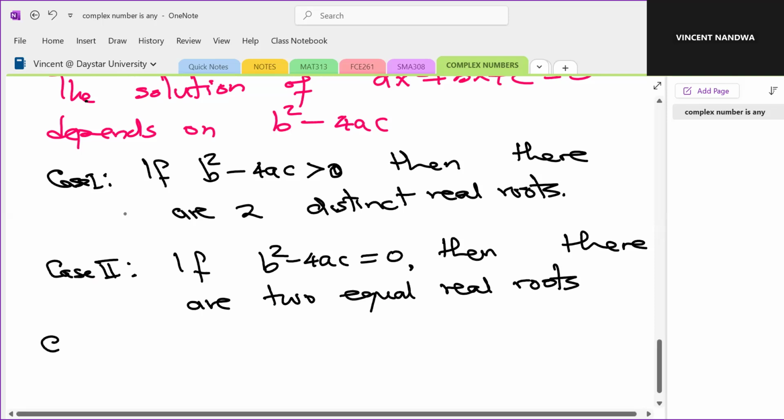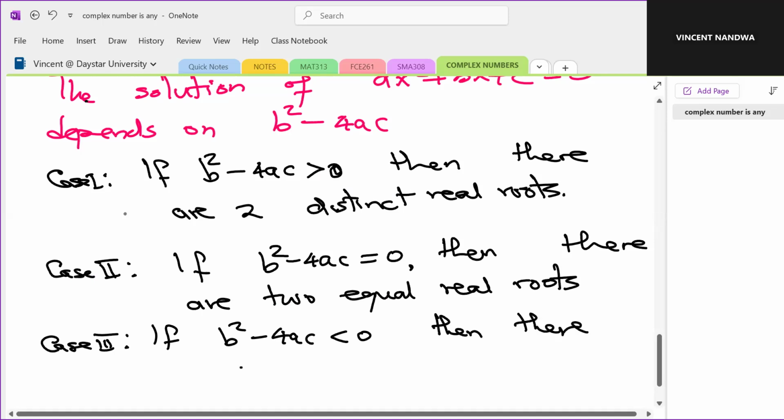And then case three, if b squared minus 4ac is less than 0, that simply means it's negative, then there are no real roots.